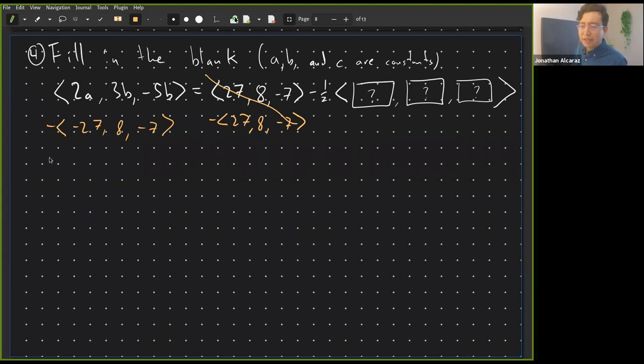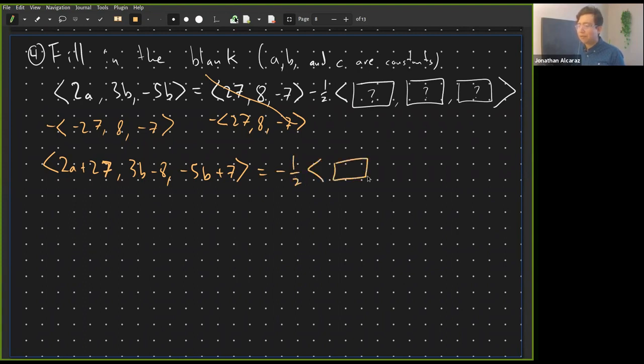And on the left-hand side, I'm subtracting vectors, so I get 2a plus 27, 3b minus 8, negative 5b plus 7. All I did is subtract these 2 vectors. And on the right-hand side, I end up with just this negative 1/2 and the 3 blanks I'm looking for.